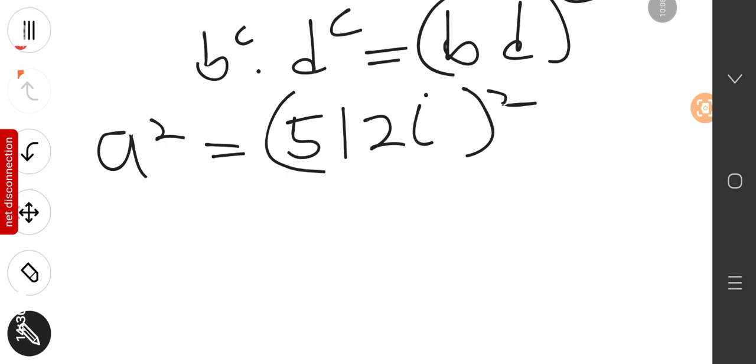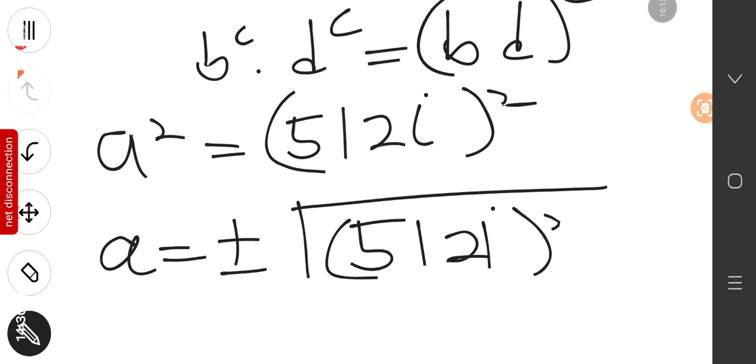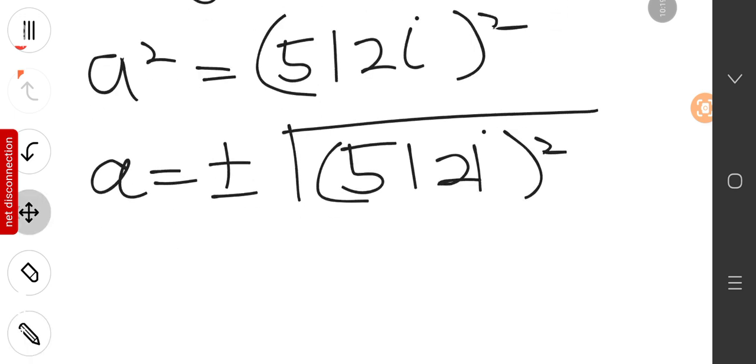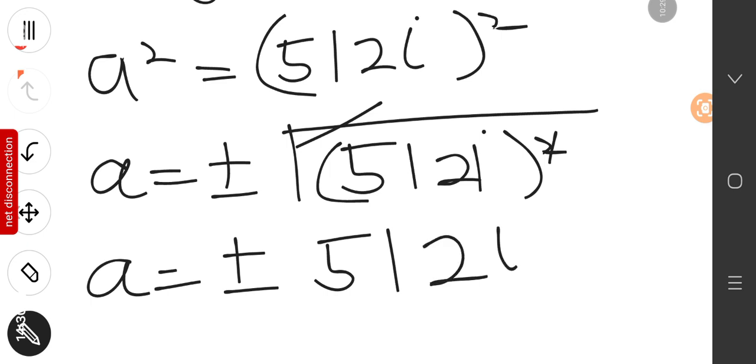So a equals plus or minus the square root of 512i squared. This 2 cancels the square root, so you have a equals plus or minus 512i.